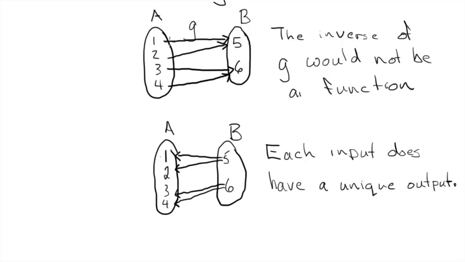A one-to-one function means each output also has a unique input, and if we reverse the roles of the inputs and outputs, that would mean the inputs under the inverse would not have unique outputs.